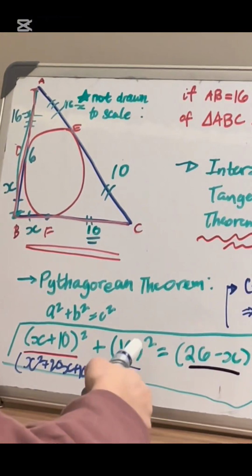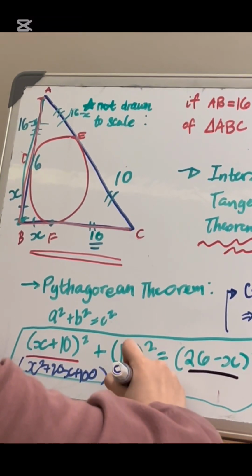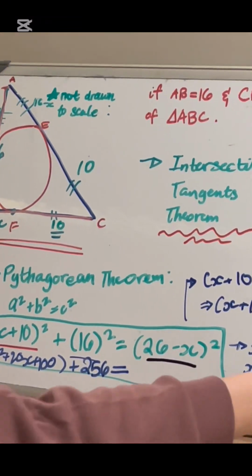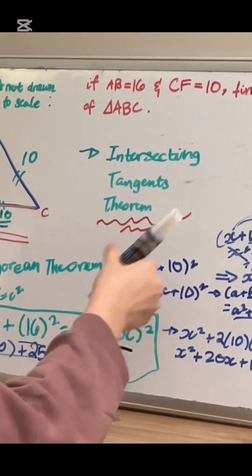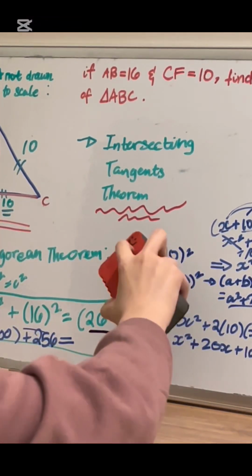Now for our second term, we have 16 squared, and 16 squared is 256, is equal to 26 minus x squared. I will clear this section.